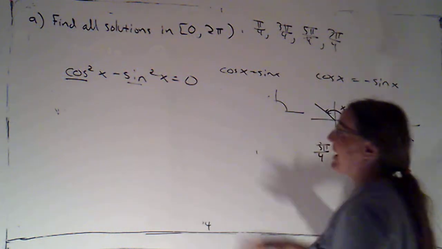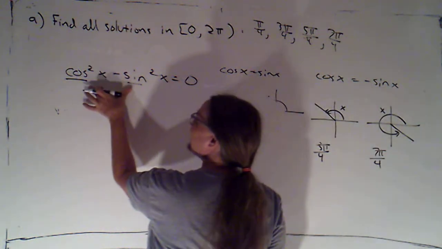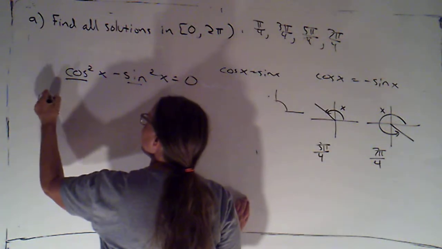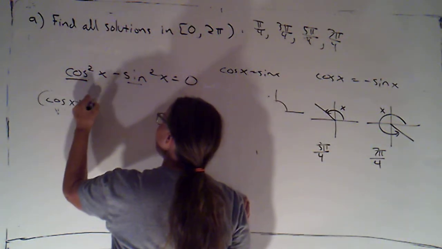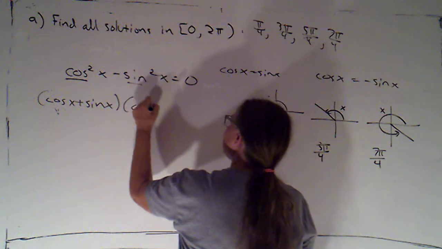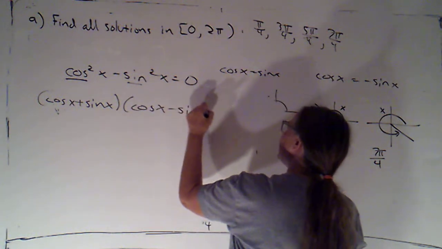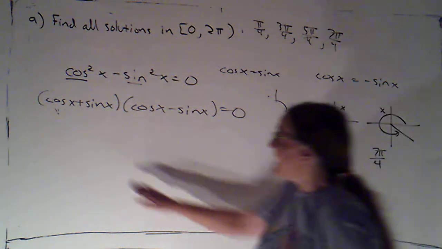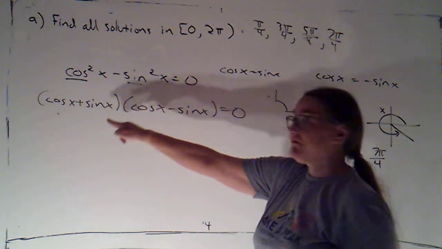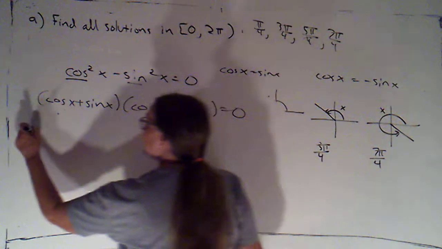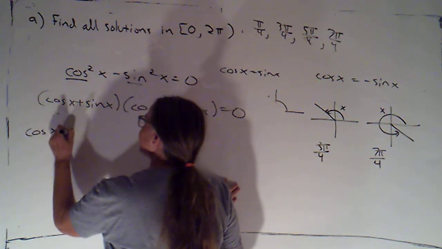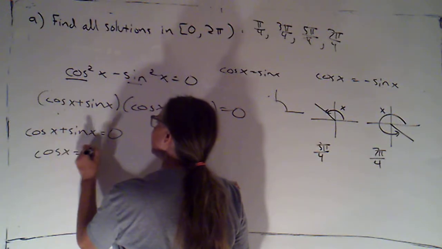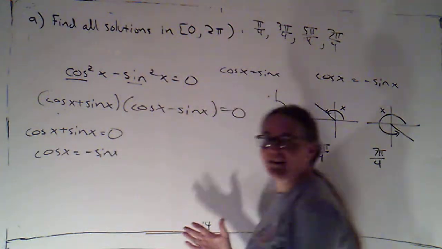Notice another way I could have gotten to that is I could have noticed, hey, that's a difference of 2 squares. So this is just cosine of x plus sine of x times cosine of x minus sine of x equals 0. It factors that way. And now, if I set each of these factors equal to 0, if cosine x plus sine x equals 0, cosine x is the opposite of sine x.